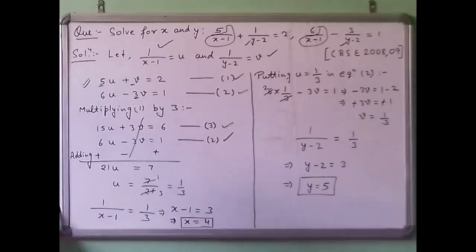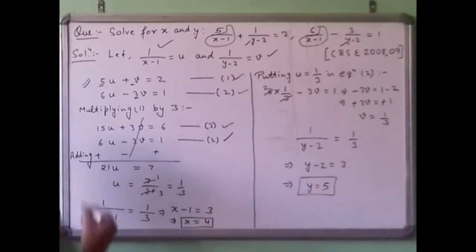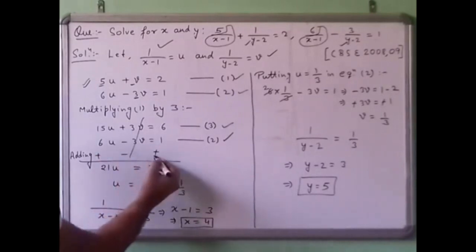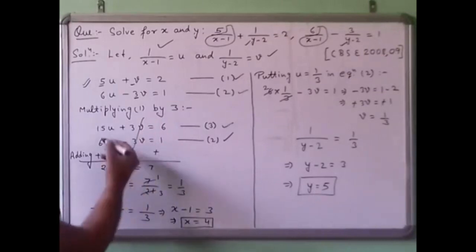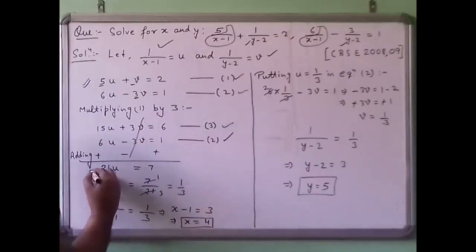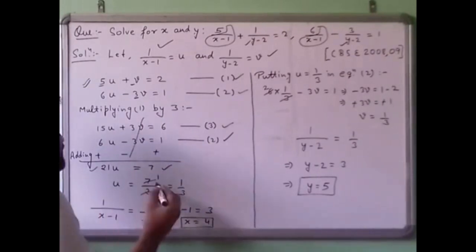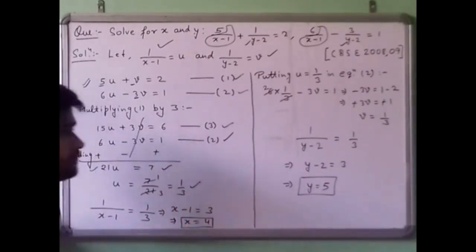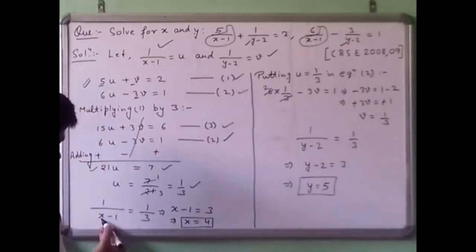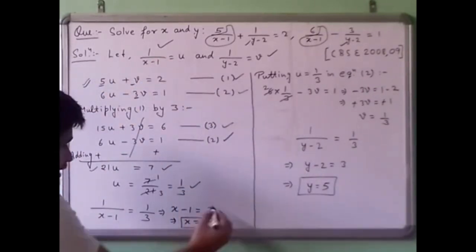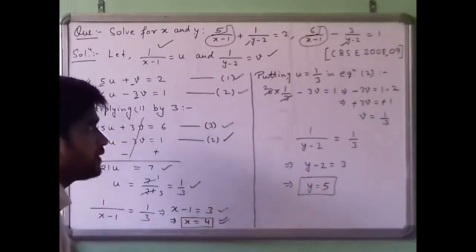By adding, plus 3v cancels out with minus 3v, 15u plus 6u equal to 21u, 6 plus 1 is 7, and the value of u is equal to 1 upon 3. The value of u is equal to 1 upon x minus y, which is 1 upon 3, taking the reciprocal, and the value of x minus y is 3.